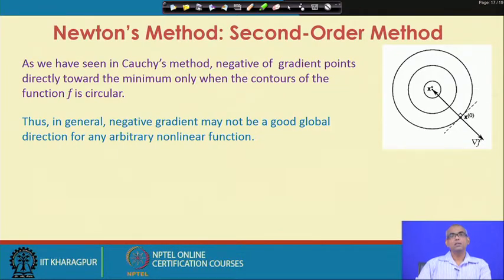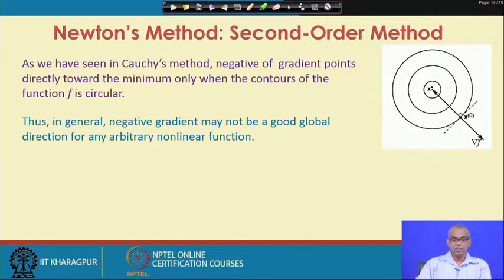But if you have an objective function like x square plus a y square, f equal to x square plus a y square, it is also quadratic, but here depending on the value of a, your contours may be elongated, and in that case if you start from any arbitrary point, the negative of the gradient will not in general direct towards the minimum point.